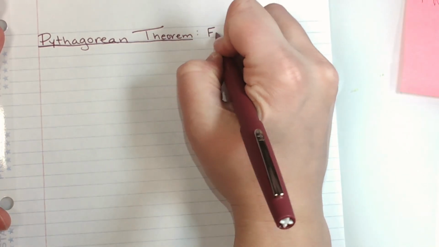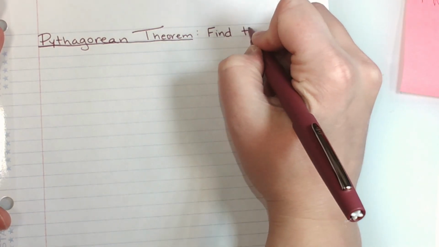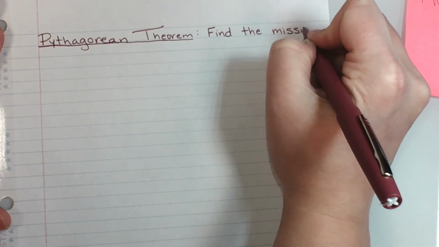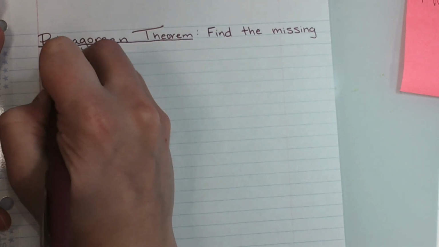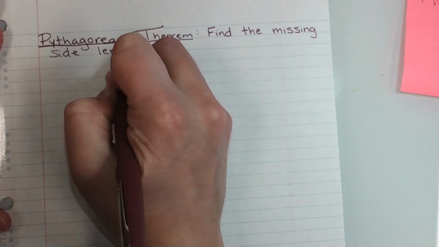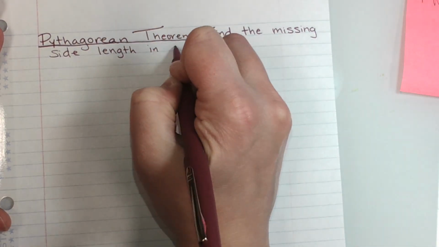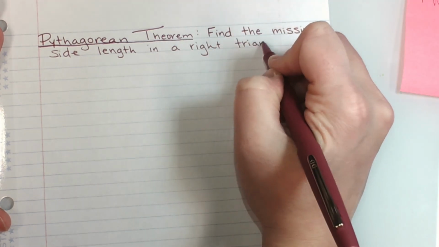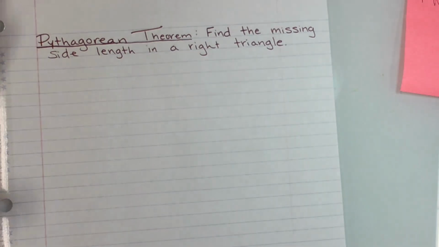Sometimes the hypotenuse. It's the missing side length. Specifically, it has to be right triangles to use this. If it's not a right triangle, you can't use Pythagorean theorem.